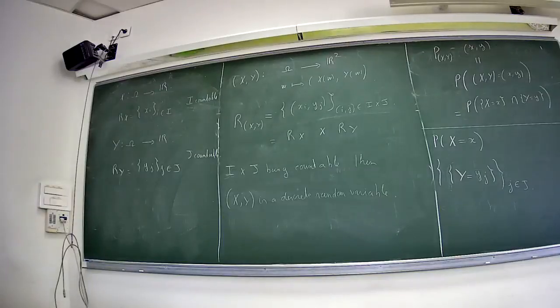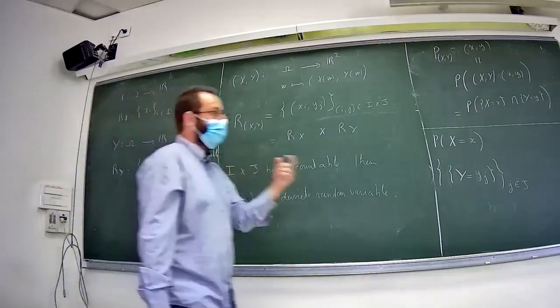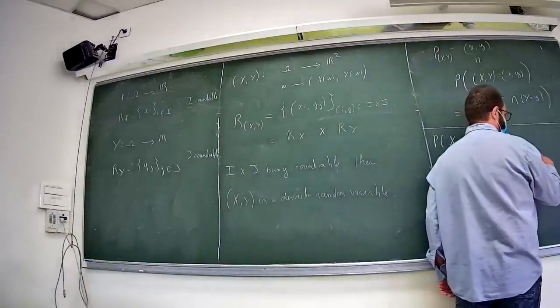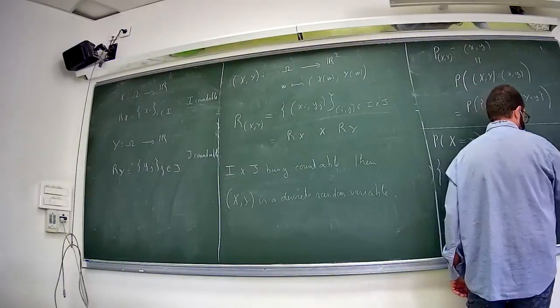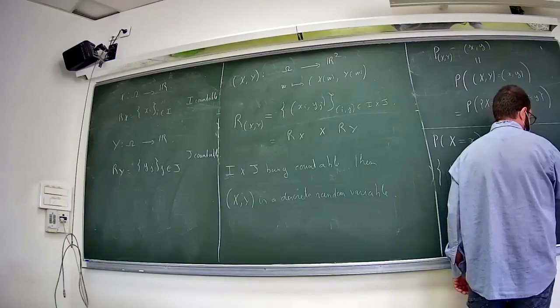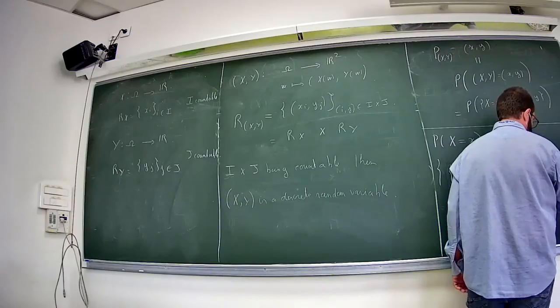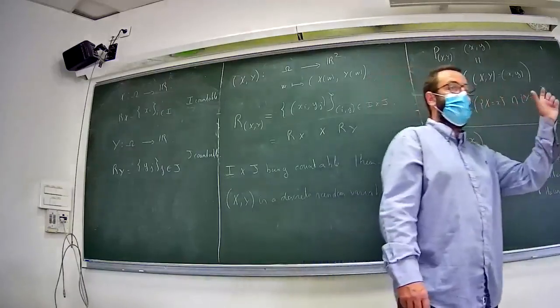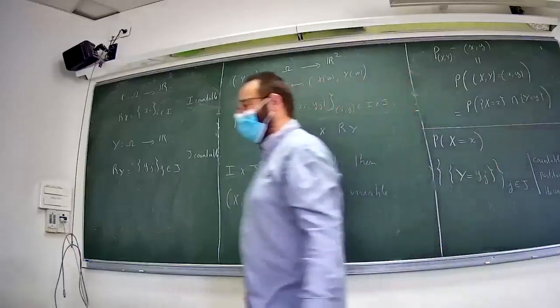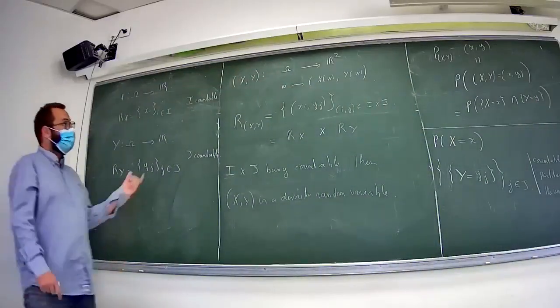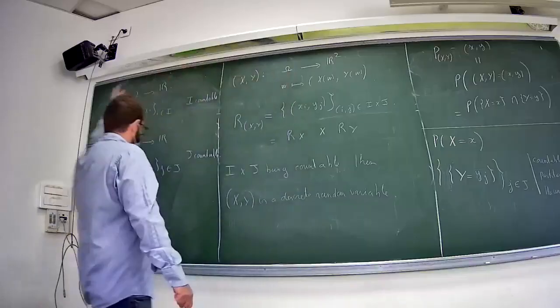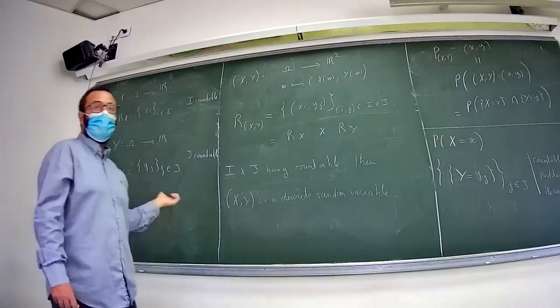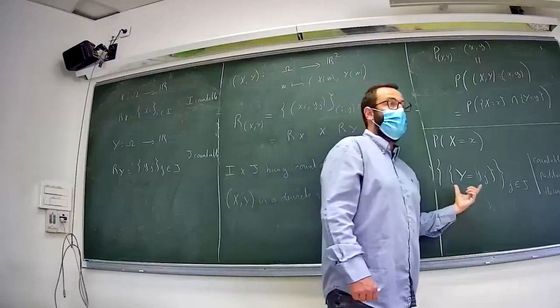I have a countable partition of the universe, because the yj are the set of all the possible values for capital Y. They are pairwise disjoint, because it's not possible to take two different values at the same time. And the union of all of them is equal to omega, because the yj are exactly the set of all the possible values for capital Y.